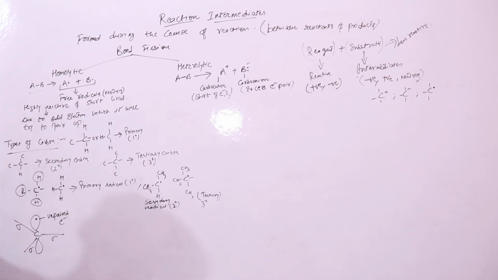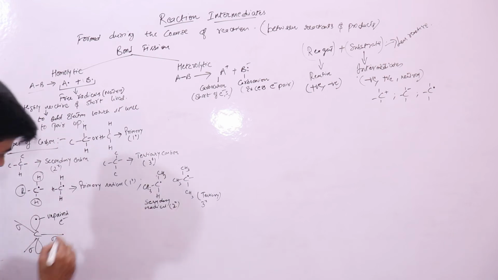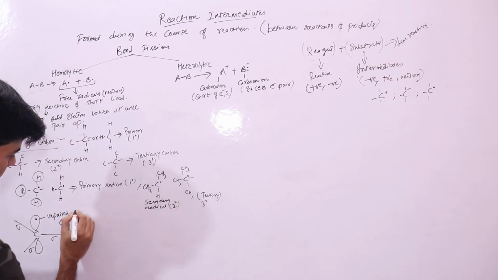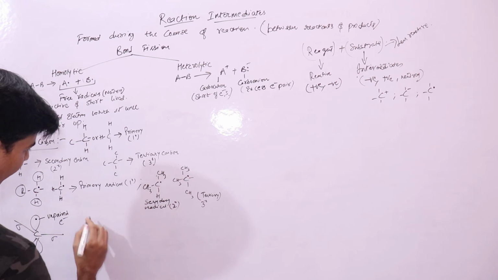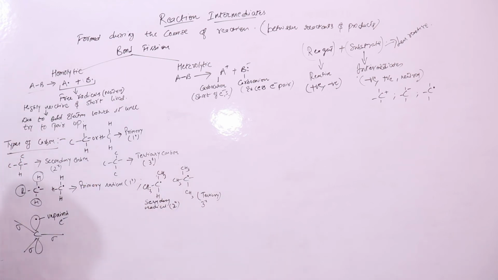Now if we talk about the stability of these free radicals, stability is explained based on hyperconjugation.